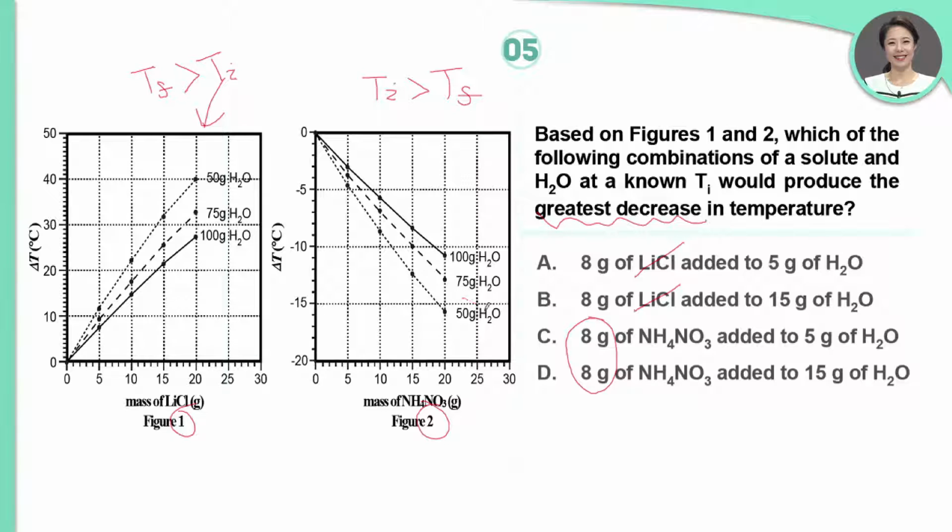Here, the 50 grams of water has the greatest decrease compared to 75 and 100. So you have to choose the low gram of water. So now you have 5 grams of water and 15 grams of water. You have to choose the low gram of water. So the answer is C.